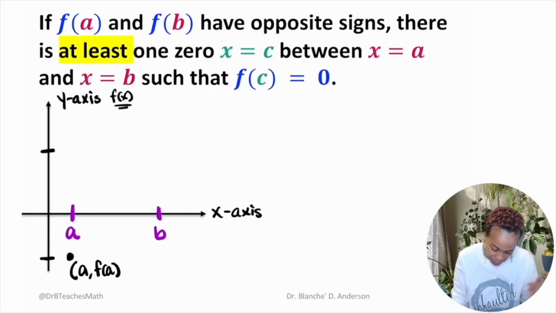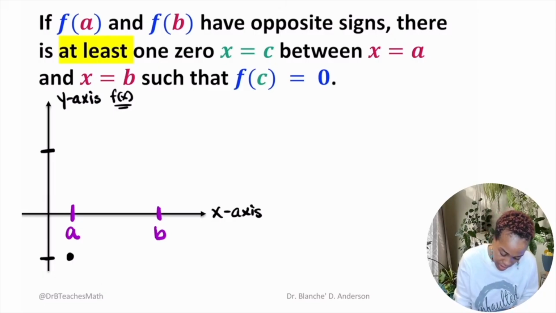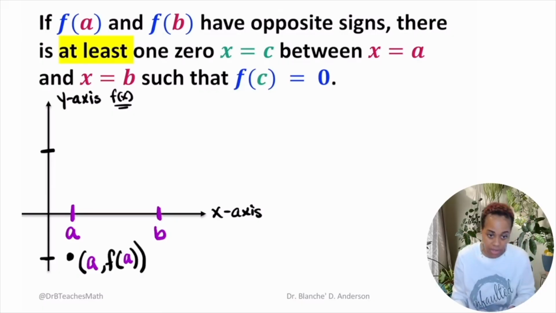Do you agree? Let me write. Can y'all see? Okay, good. This is the point a, the x value, and then f at a, which is the y value. Do y'all see that? This point right here.